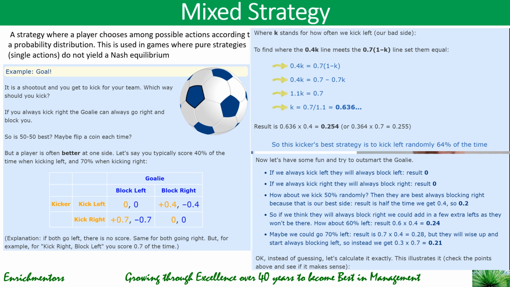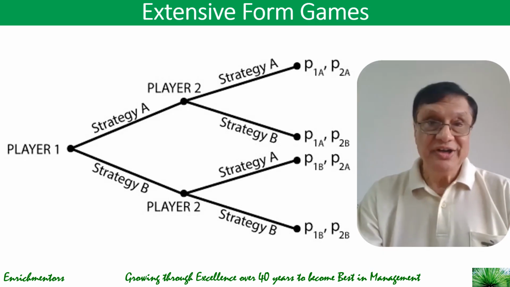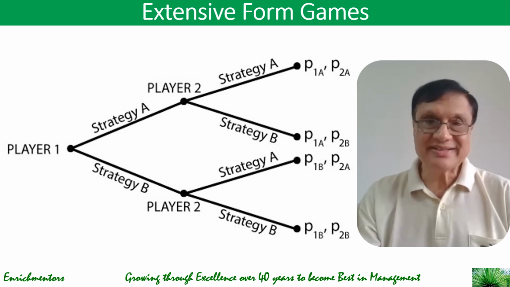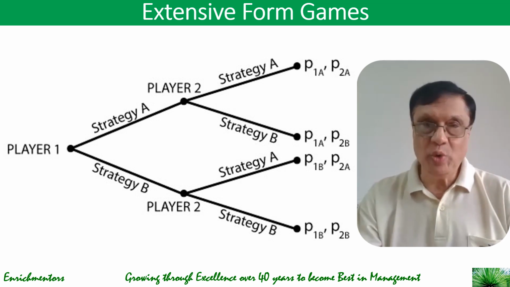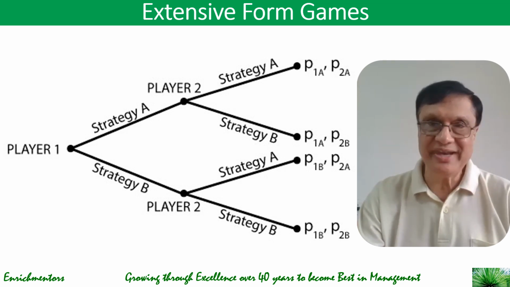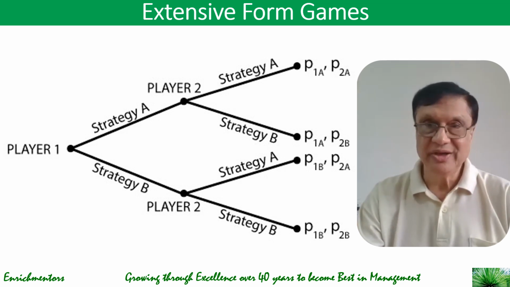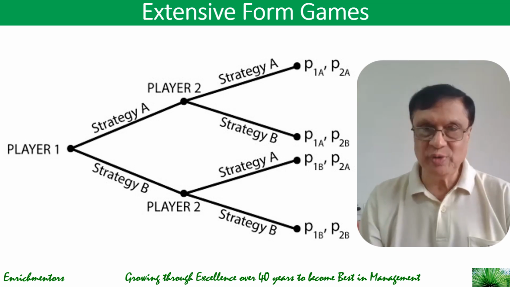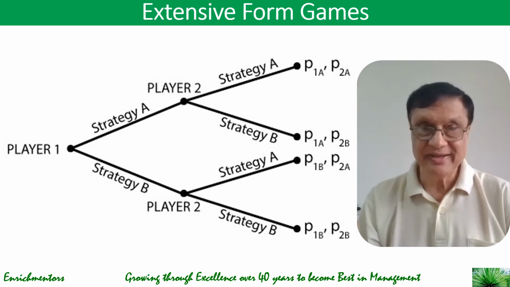You got that? Wonderful. Now, there's another concept called extensive form games. What are extensive form games? Extensive form games represent games with a tree structure showing the sequential nature of decisions and possible moves at each decision point, including chance moves and information sets.